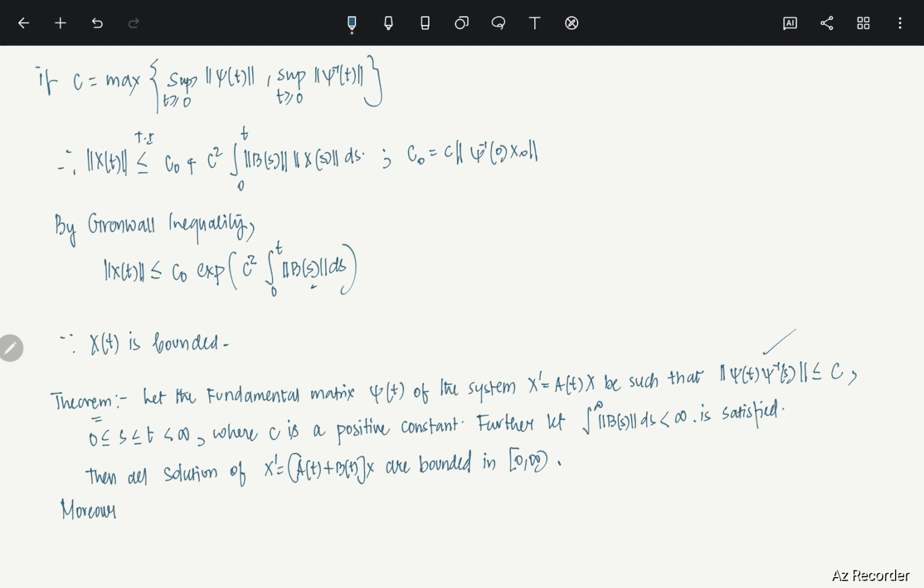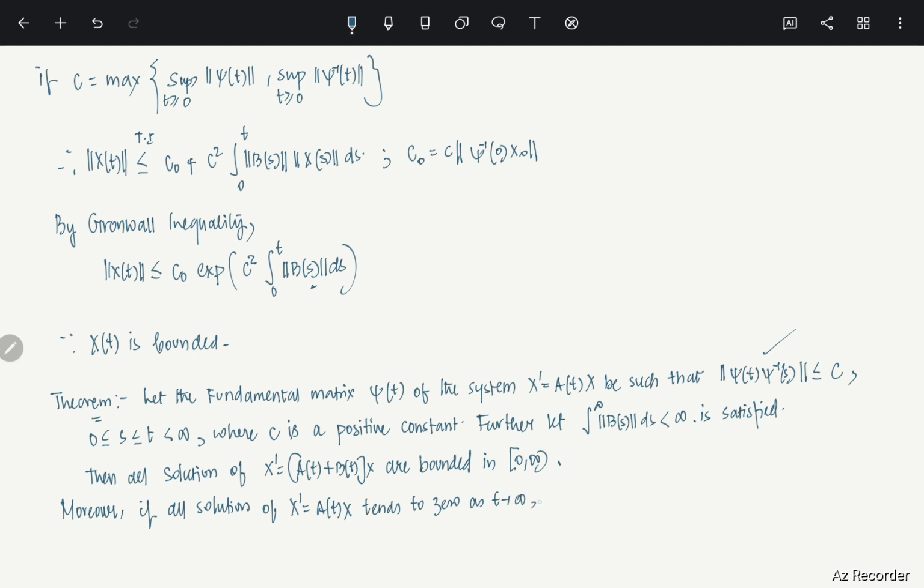Moreover, you can say much more here. Moreover, if all solutions of x prime equals A(t) times x tend to 0 as t tends to infinity, clear?